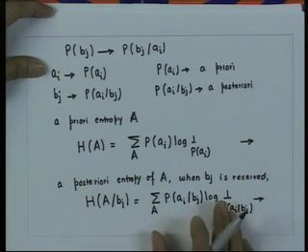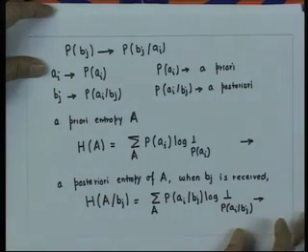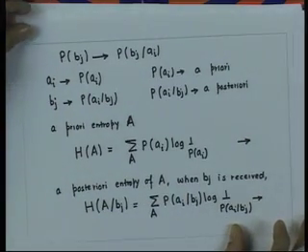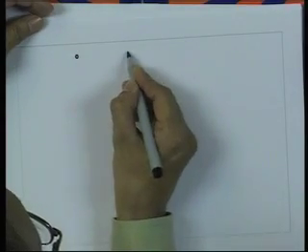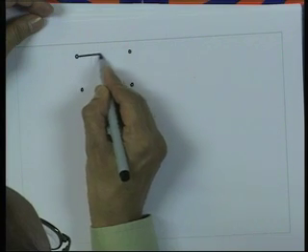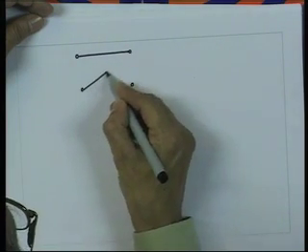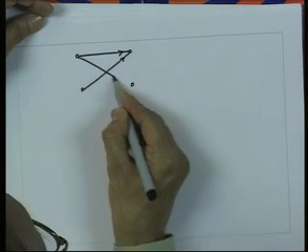So, let us calculate these two quantities for a binary symmetric channel which we considered earlier in the class today. So, we will take that example again. The binary symmetric channel is given by this channel diagram.